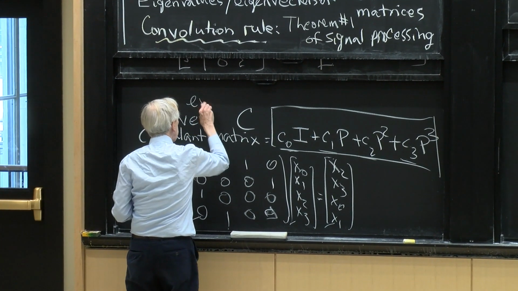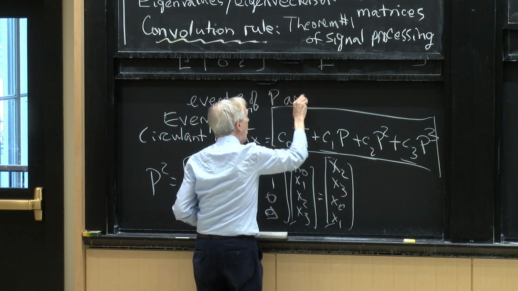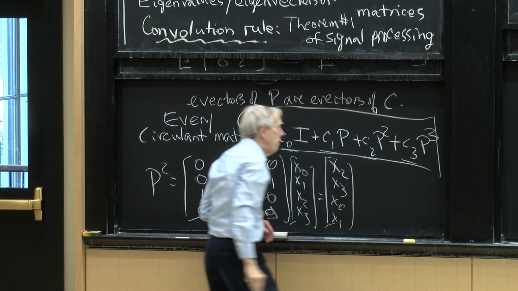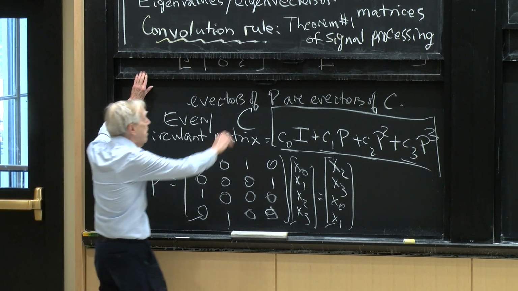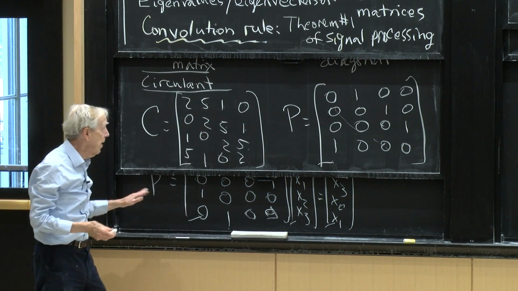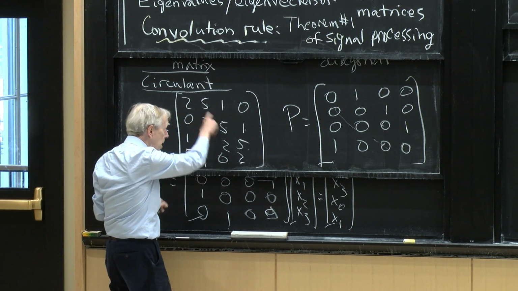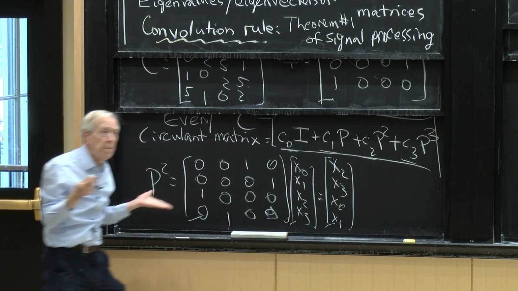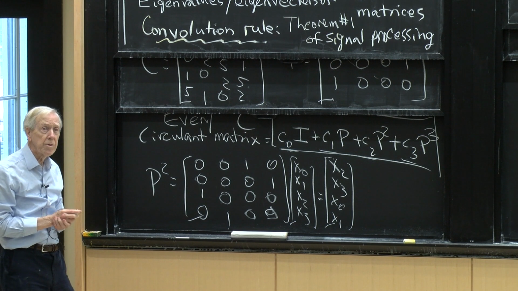So eigenvectors of P are eigenvectors of C. So then the question is, what are the eigenvectors of P? You see what I mean? It didn't really matter what those numbers were. The point is that those numbers were constant on diagonals, and that it's built out of one matrix P. So all I have to do is find the eigenvectors of P.